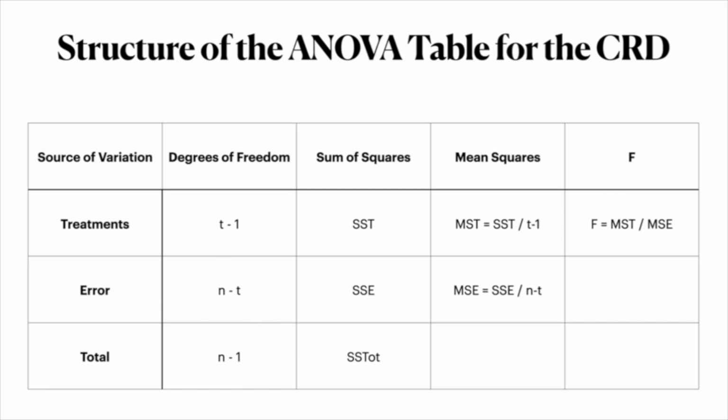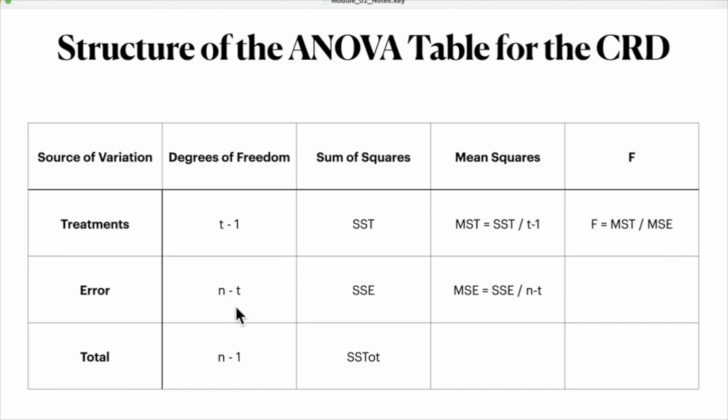Now, as we look at other types of designs, randomized block design, Latin square designs, and so forth, we're going to find that for a given treatment structure, the number of degrees of freedom associated with treatments is going to stay the same. In addition, for a given fixed number of experimental units to be used in an experiment, the total degrees of freedom is also going to stay fixed.